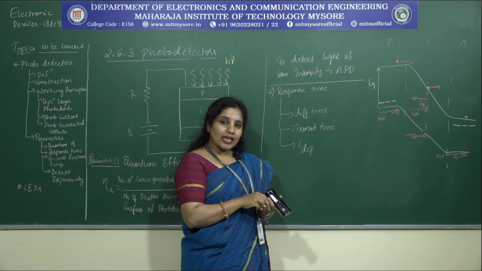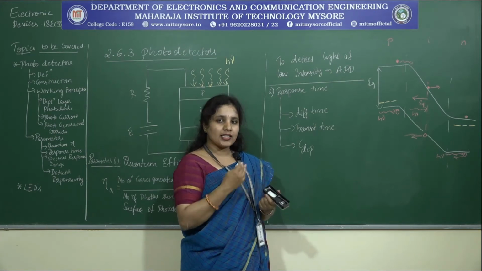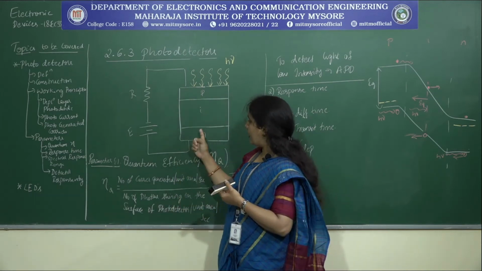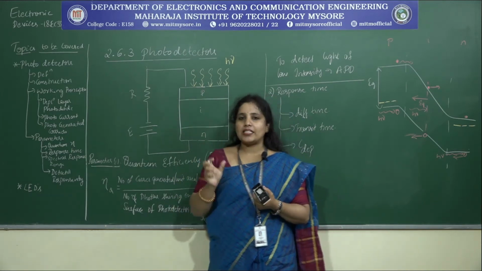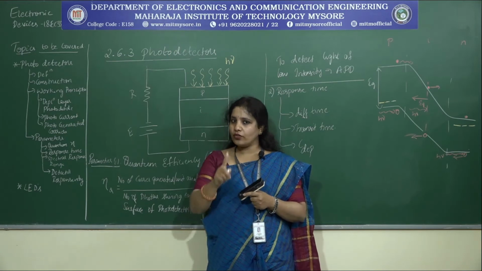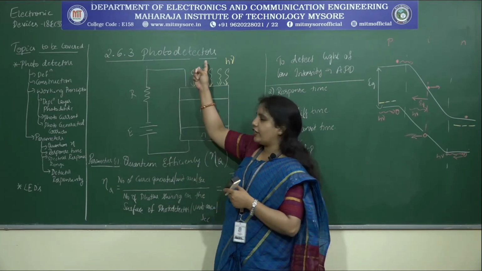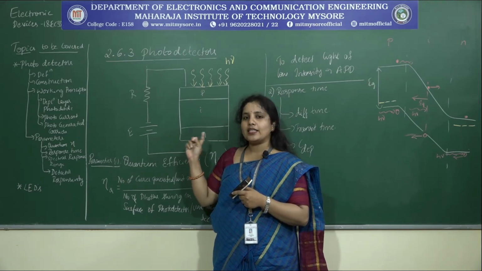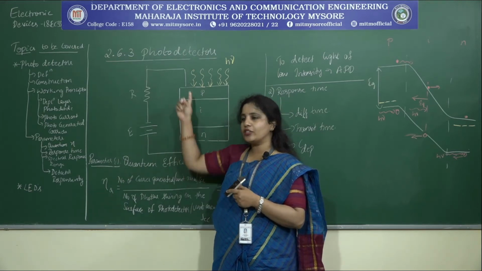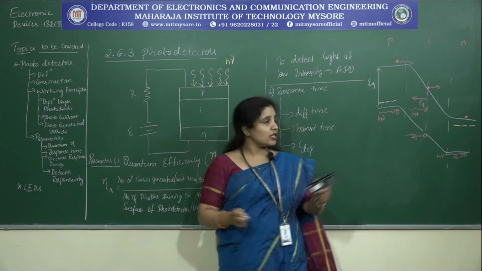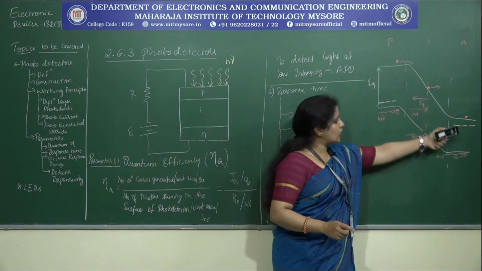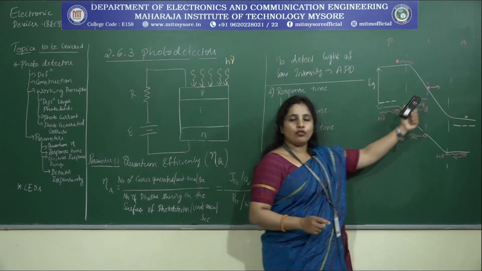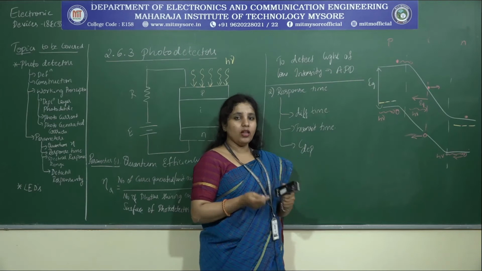Now, to ensure that the diffusion time is less, how can I ensure that? By making these P and N regions as thin as possible. One of the reasons for making them thin was to ensure the light will reach all the semiconductor layers, whereas the second reason is that the electron and hole diffusion has to happen as fast as possible.